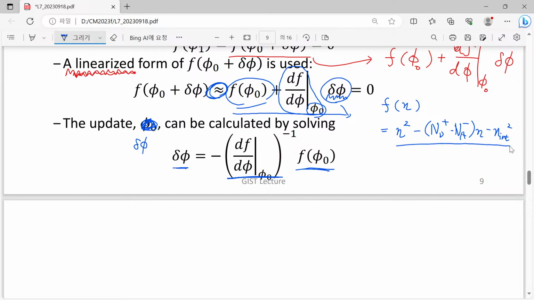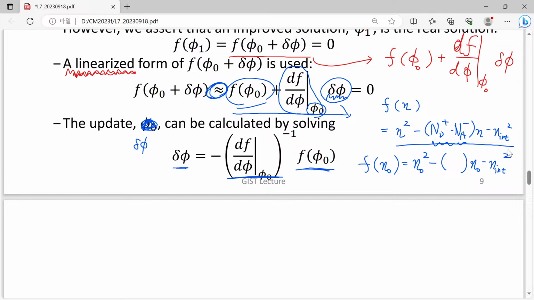It was the function f. Then what we have to calculate is the function evaluated at n naught, given by n naught squared minus something with the doping density, minus n_int squared. You can easily calculate it.